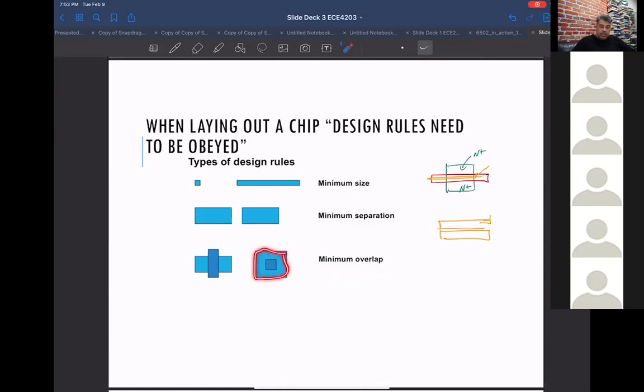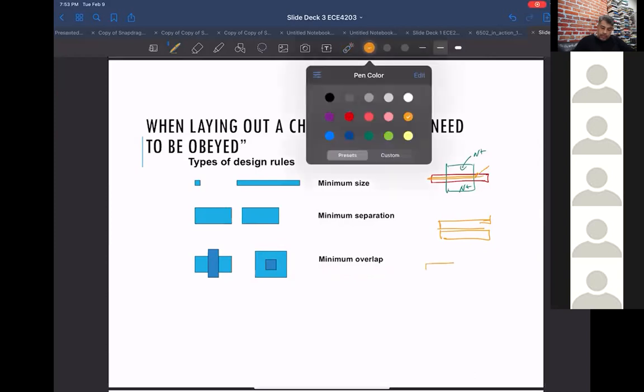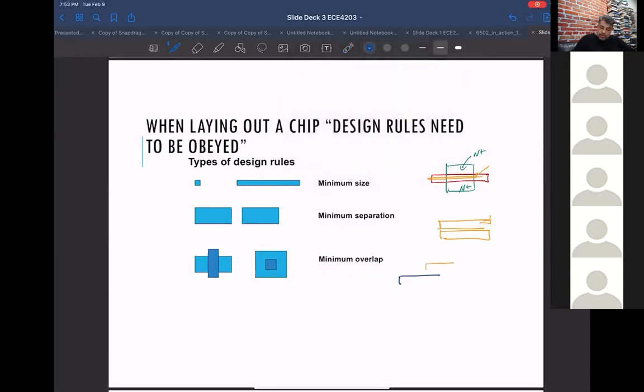There's a minimum amount because if I look at it from the cross section, if I had a piece of metal and a contact here that was going to contact to it, if I made that metal too small, I wouldn't be guaranteed a good connection to that contact.